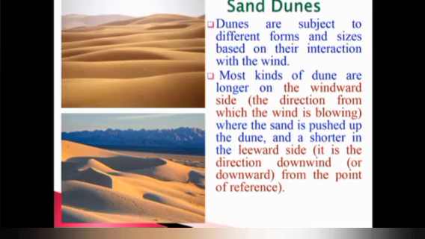The direction from which the wind is blowing is the windward side, where the sand is pushed up the dune, and it is shorter on the leeward side. So what is meant by leeward side? It is the direction downwind or downward from the point of reference.